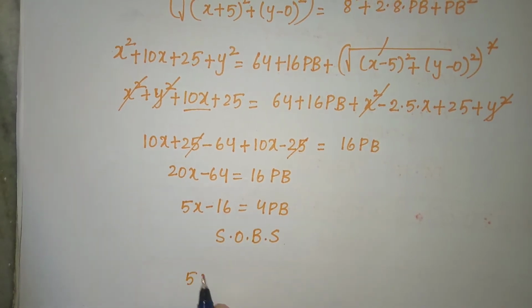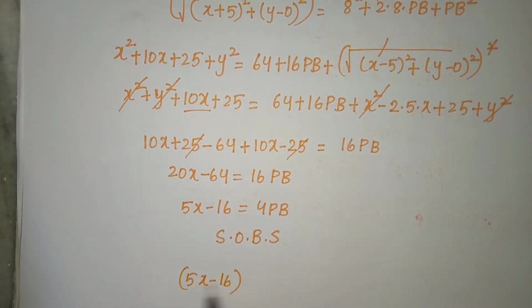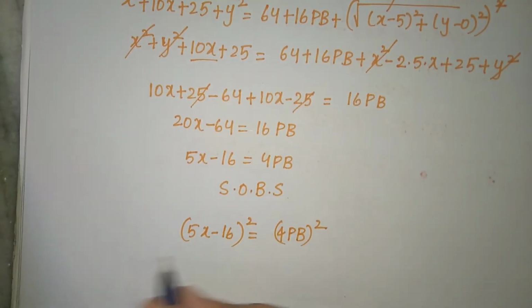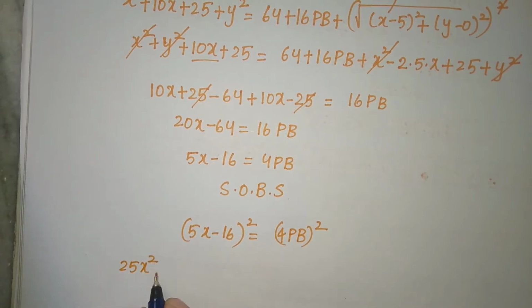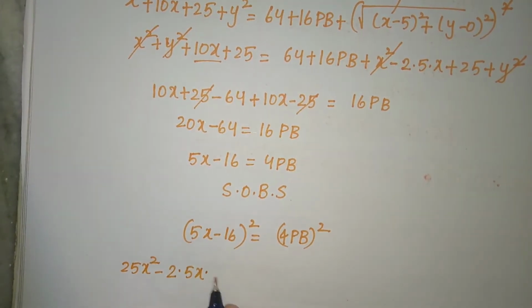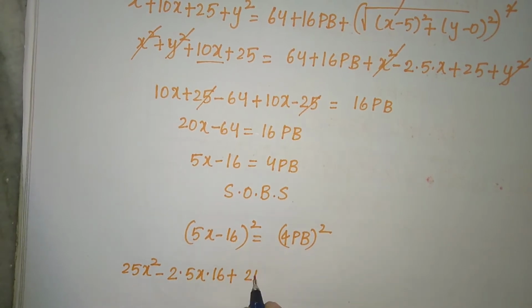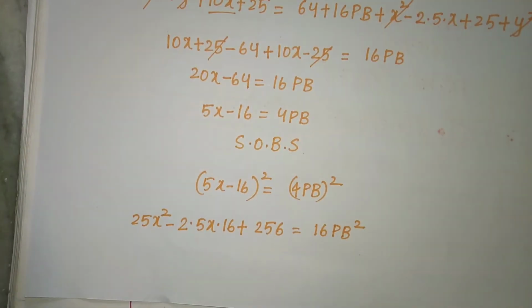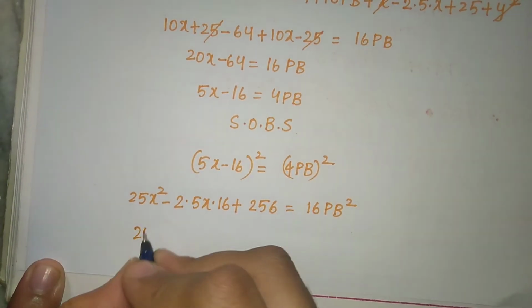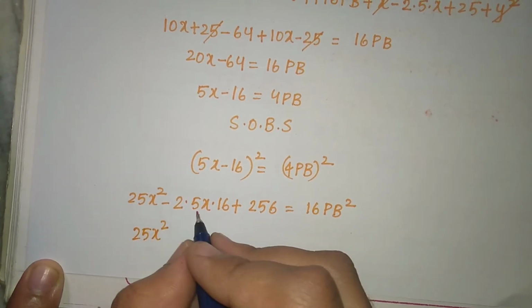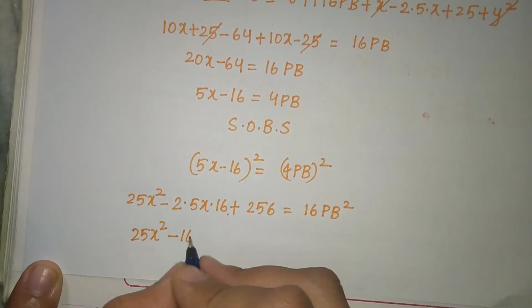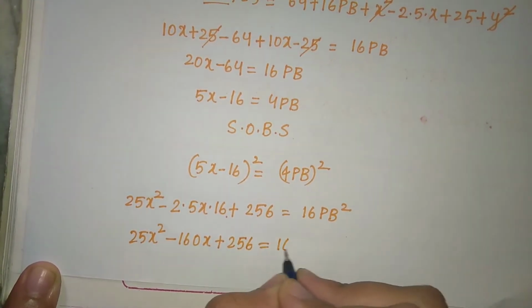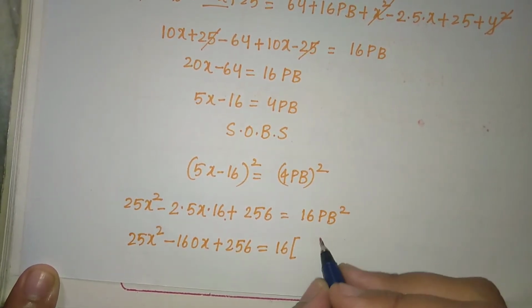So 5x minus 16 whole square is equal to 4 PB whole square. So here we have 25x square minus 2 into 5x into 16 plus 16 square is 256 is equal to 16 PB square. 25x square, 2 5s are 10, 10 16s are minus 160x plus 256 is equal to 16 into PB square.